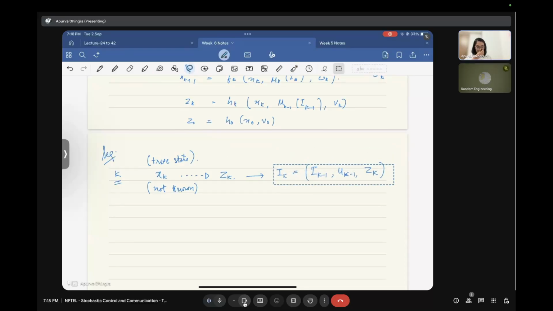Okay, so this is the information at the current time step, and if you want to understand what is ik minus 1, we can write it more explicitly. So it starts from z0 till zk minus 1, and it is u0 till u of k minus 2.